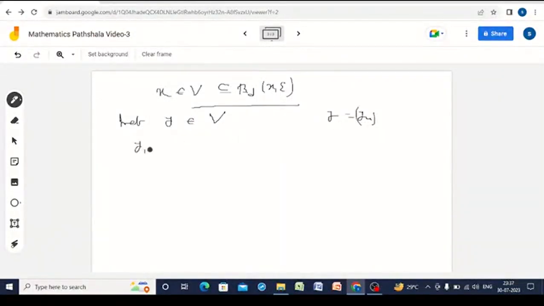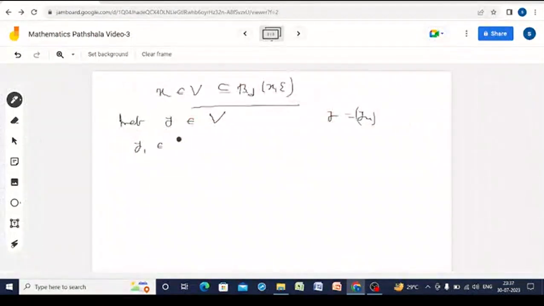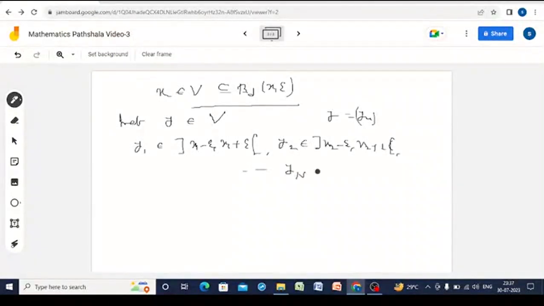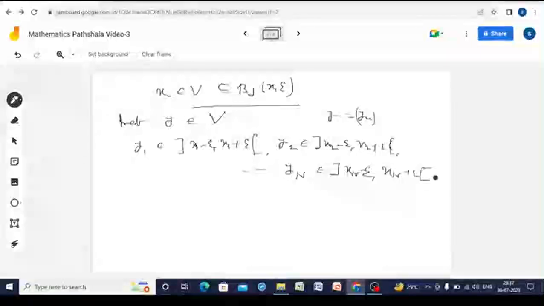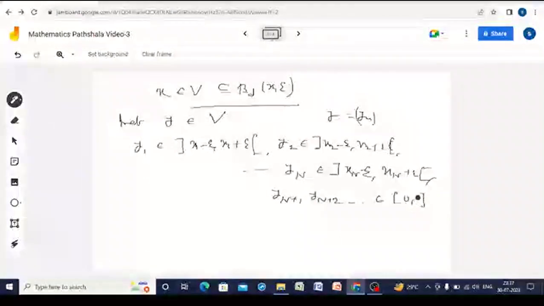So clearly our y1 belongs to, in the first one, x1 minus epsilon comma x1 plus epsilon. Second one, y2 belongs to x2 minus epsilon comma x2 plus epsilon, and up to yn belongs to xn minus epsilon comma xn plus epsilon, and the rest of the elements yn plus 1, yn plus 2 and so on all belong to the closed interval 0 1.